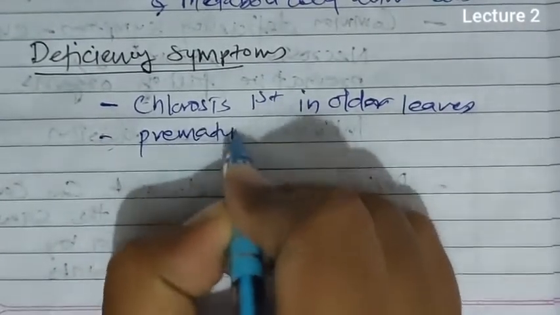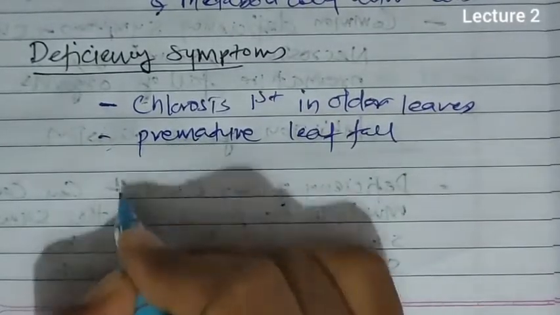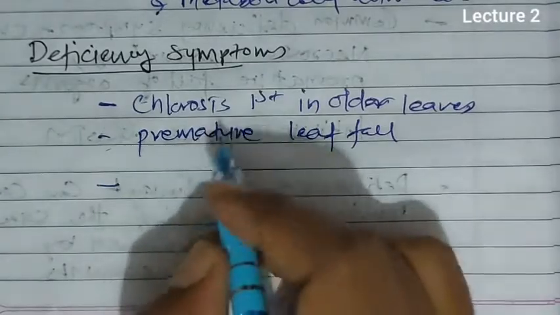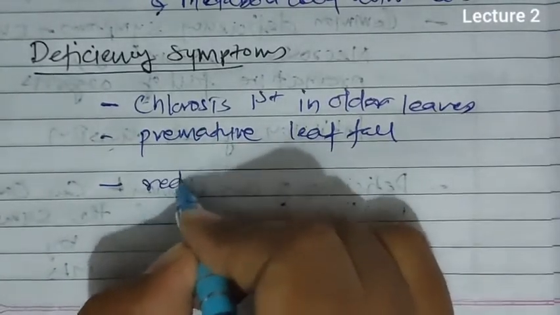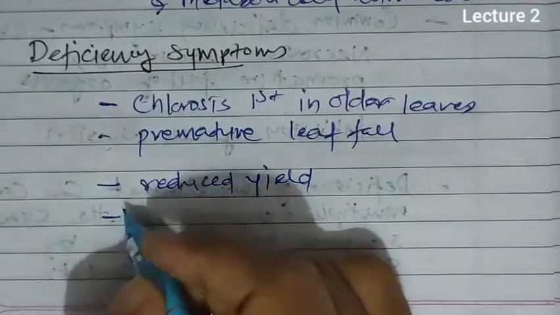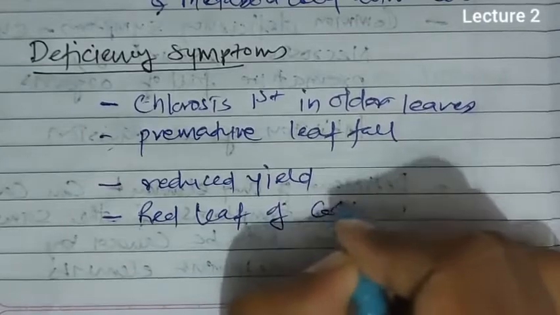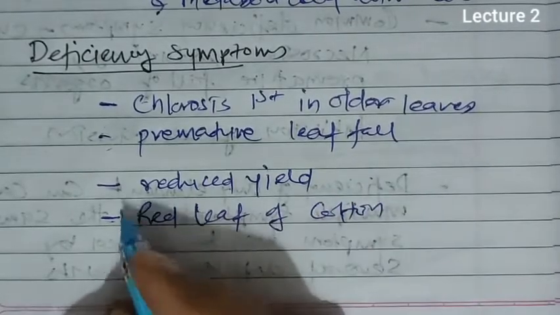Premature leaf fall will occur, that is, leaves will be lost or abscission will occur at a premature age. Yield will be reduced, and the leaf of cotton will be red in color.